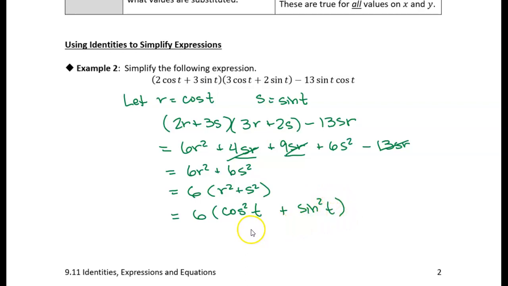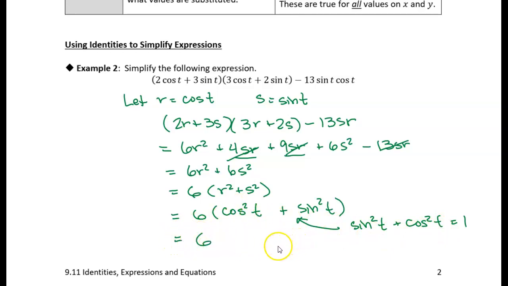Now we know, using the Pythagorean identity, that the sine squared of t plus the cosine squared of t is equal to 1. This is cosine squared plus sine squared, which is the same thing because addition is commutative. I can add things in any order. And so this expression in parentheses is just 1.